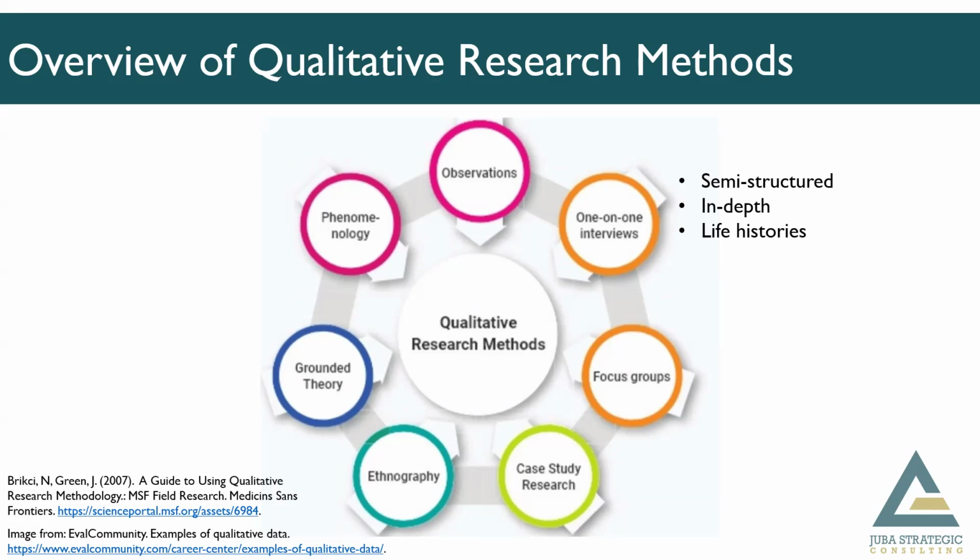So the researcher will immerse themselves in the context they're interested in, the culture they're interested in. This is used a lot in anthropological research. And we also see case studies as well. And that's when we're looking at a specific case, it could be an event, a group, an individual, and really doing an in-depth exploration and analysis of a particular case.